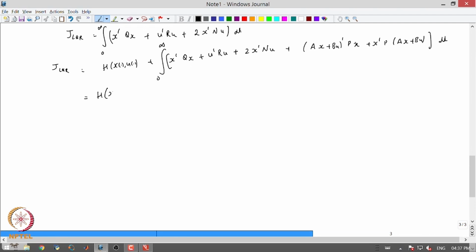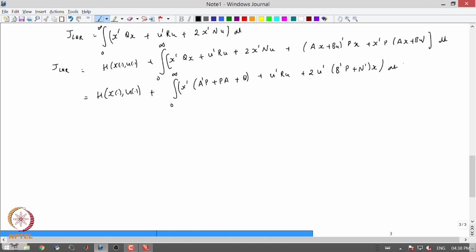Okay, so I just rearrange terms. So I have h(x, u) plus integral 0 to infinity of x transpose (A transpose P plus PA plus Q) x plus u transpose Ru plus twice u transpose (B transpose P plus N transpose) x, everything with dt.